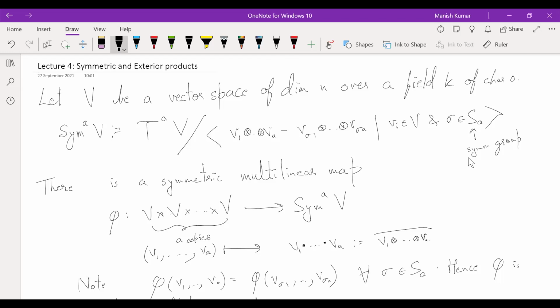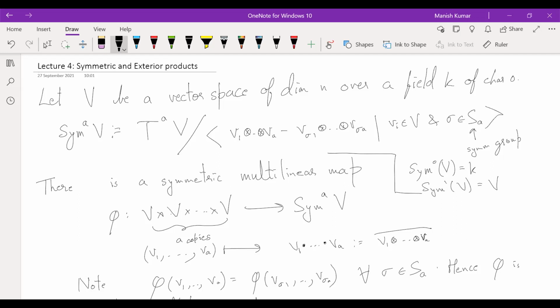By convention, this is for A greater than or equal to 2; for A less than or equal to 1, we take Sym^0 V to be just the base field K, and Sym^1 V to be the vector space V. So you don't quotient out by anything if A is less than or equal to 1.